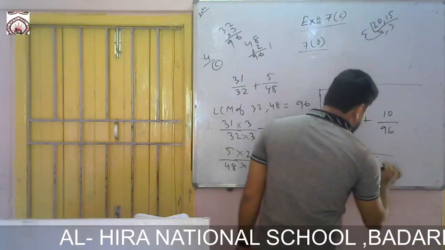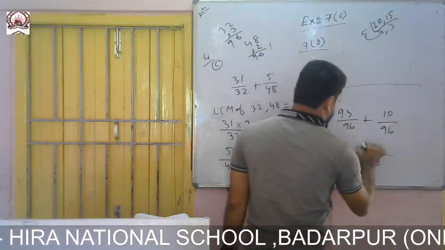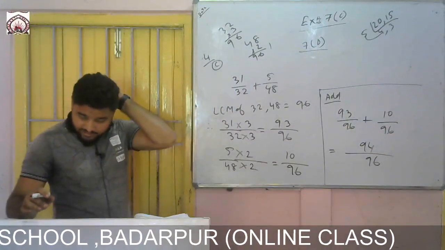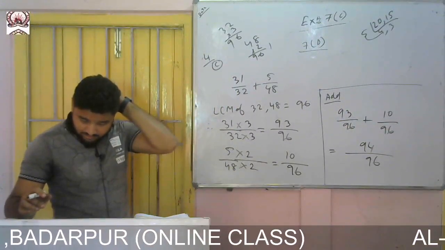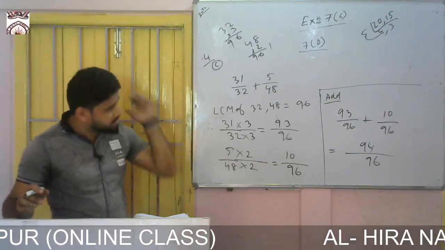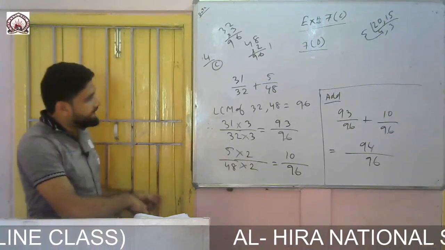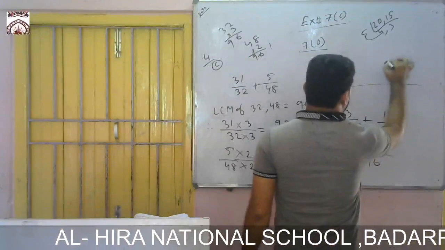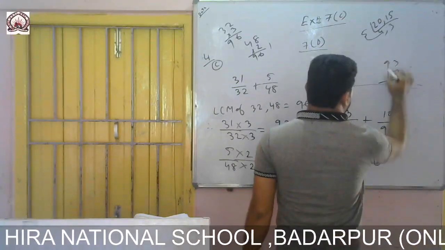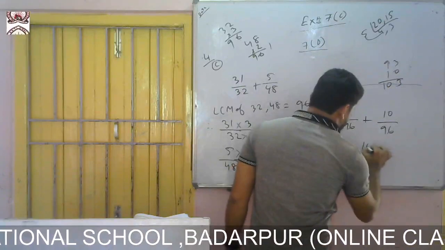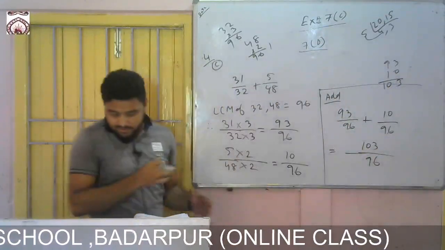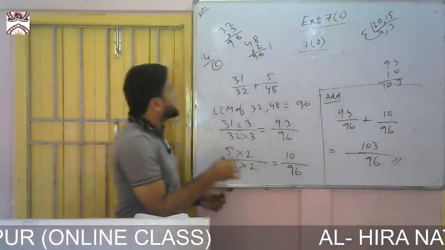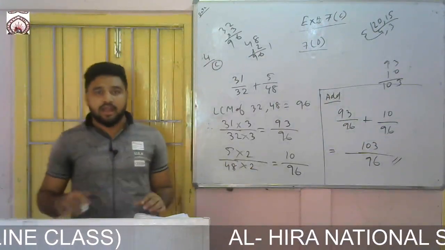So if I add, then 96 stays here, and 93 plus 10, what is it? Sorry, not 94. It is 93 plus 10, it is 103. So 103 by 96. This is the required answer.